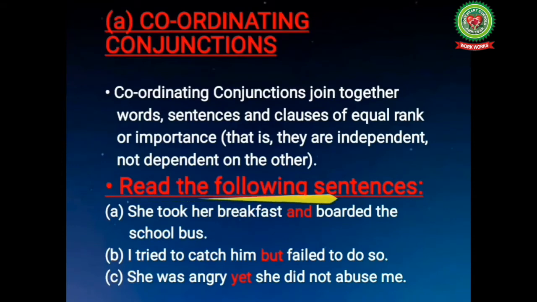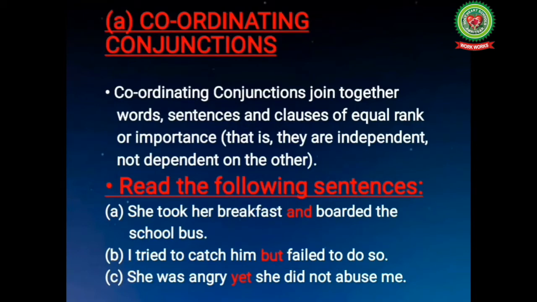Read the following sentences. She took her breakfast and boarded the school bus. Here two clauses are joined by the coordinating conjunction and. So these are coordinate clauses. Next we have, I tried to catch him but failed to do so.